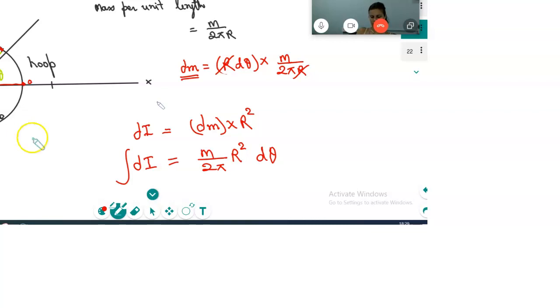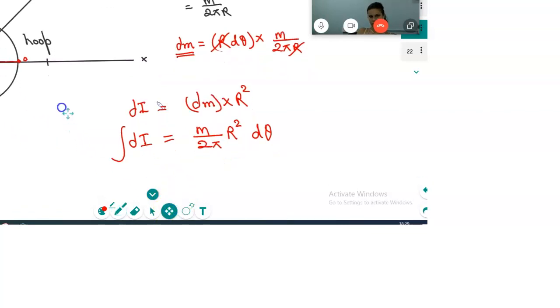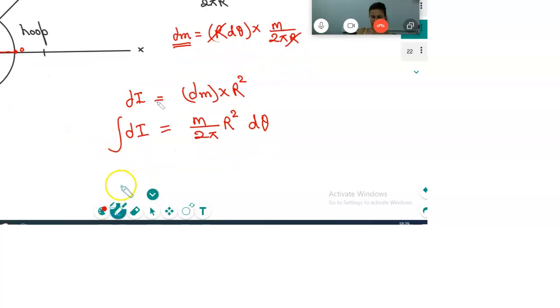But we will not take degrees; we will write only in pi, 2 pi, because in physics calculations you should always use radian. So please tell me the limit. 0 to 2 pi.